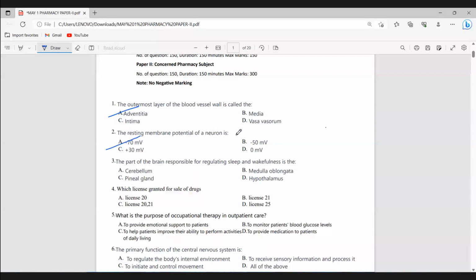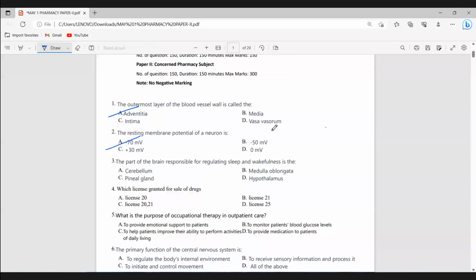Minus 50 is the threshold potential that needs to be reached in order to produce or generate an action potential.